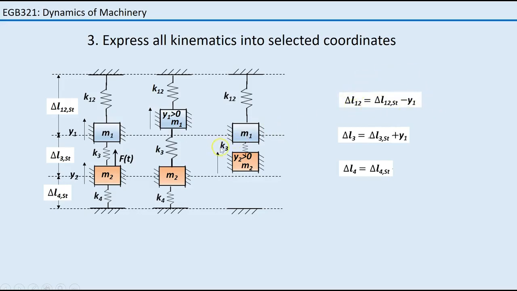There will be an effect on K3. It will compress, so we write negative y2 for K3, and for K4 it will extend, so we write in its expression plus y2. So now we have the three spring displacements in terms of y1 and y2.